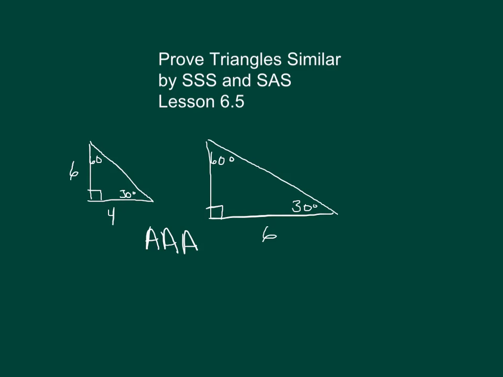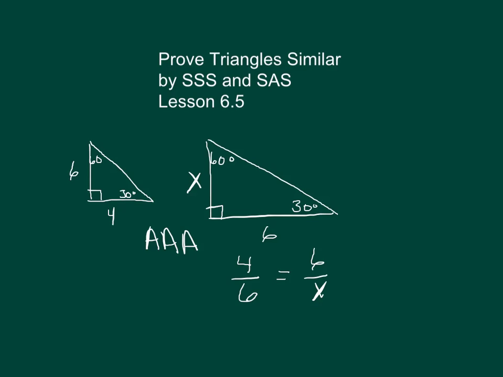Now, to solve this, we need to pick an x right here. We can say that 4 is to 6 as 6 is to x. Now remember, there are other ways to write true statements.